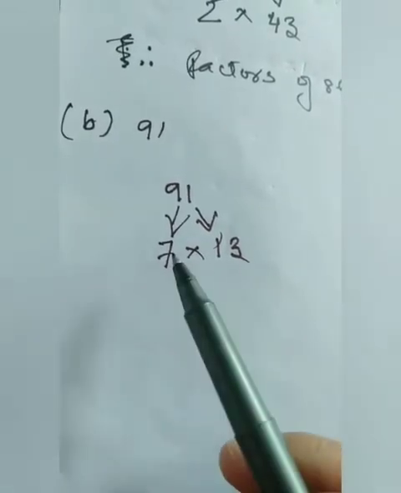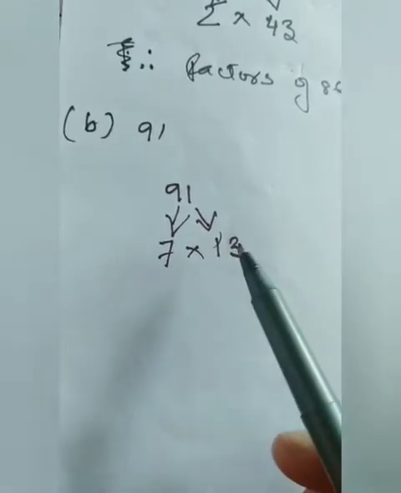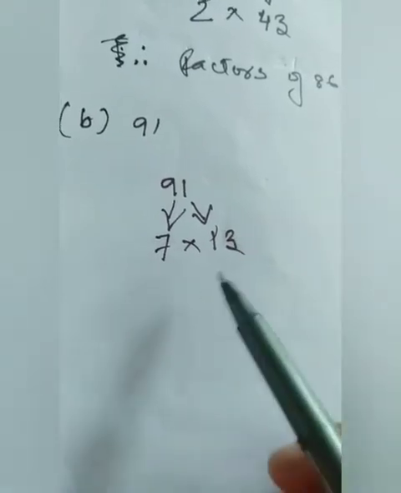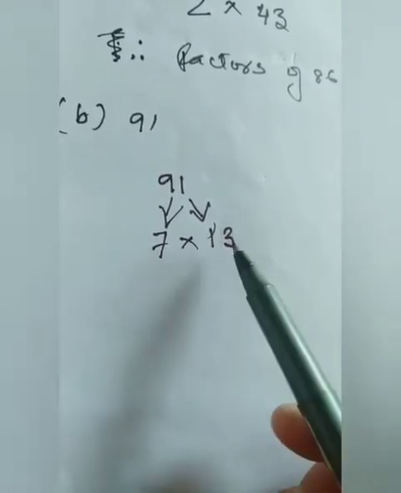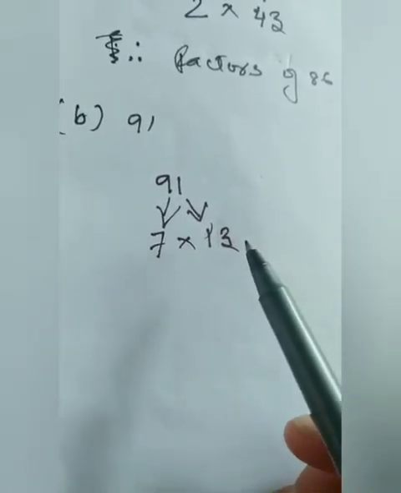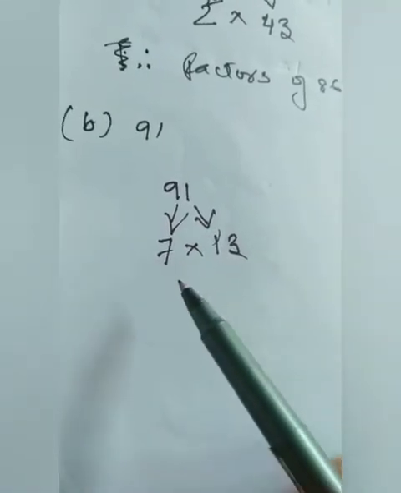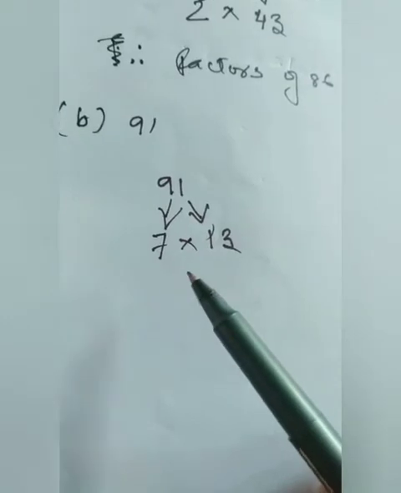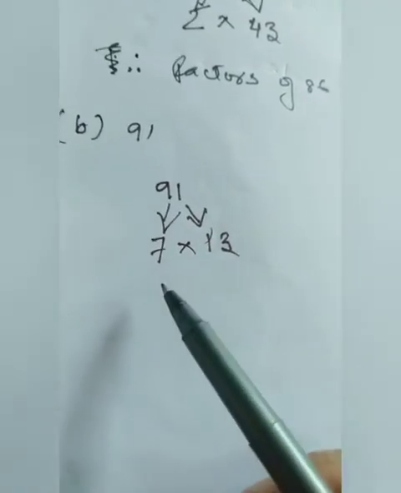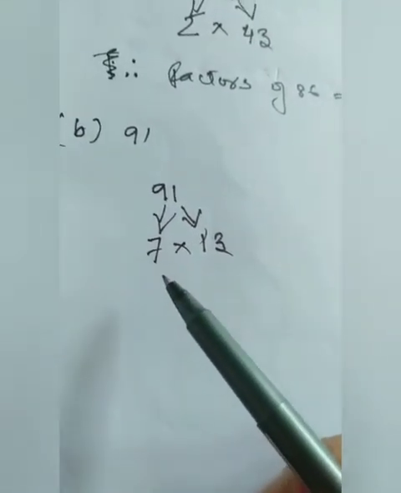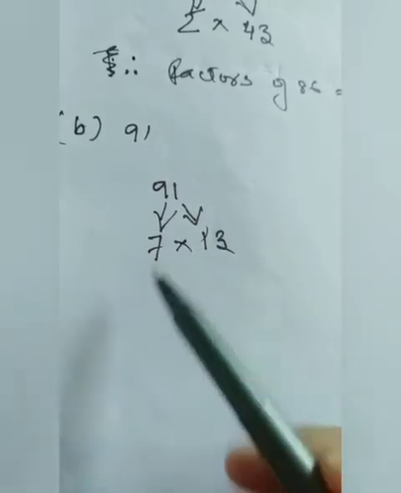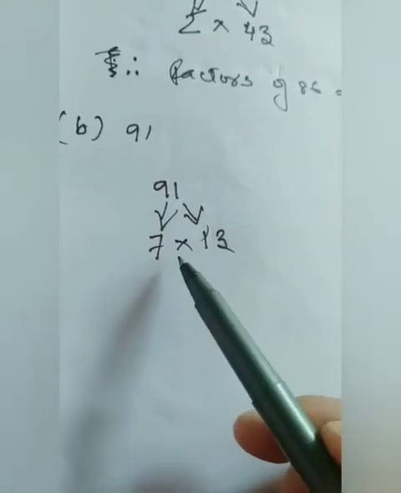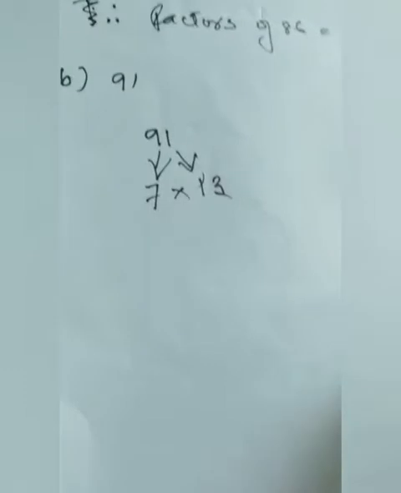That means this much we will do, we cannot go further because we have already got prime numbers. Prime number means divisible by 1 and the number itself. You have done this in the previous exercise, so remember prime and composite well. We got primes, that means the factors of 91 will be 7 and 13.